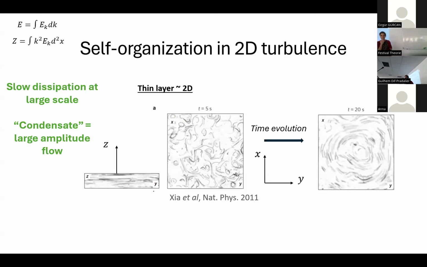So the idea is that if you start, these are pictures from an experiment. If you look at the screen, you see it from the research group in Australia. They looked at a thin layer of fluid, an electrolyte. You drive a current through it, and you have a magnetic array of opposite polarity.